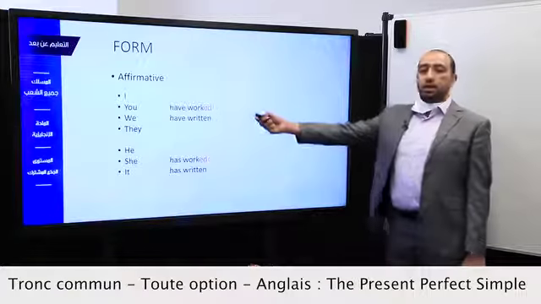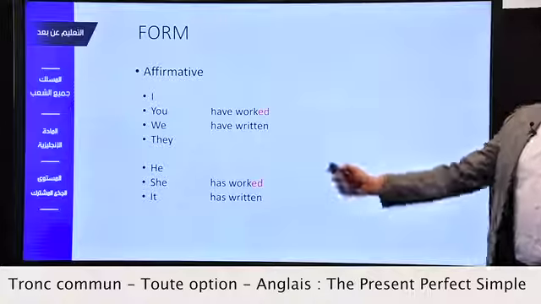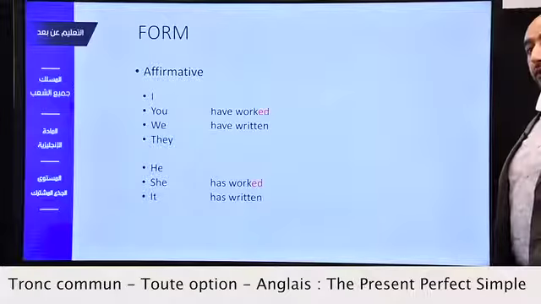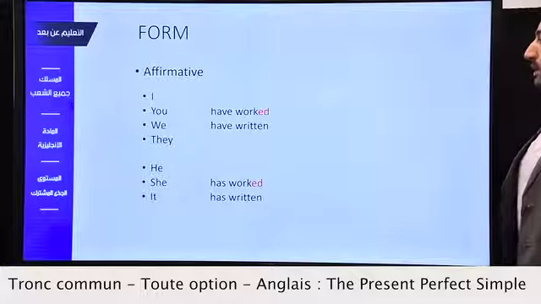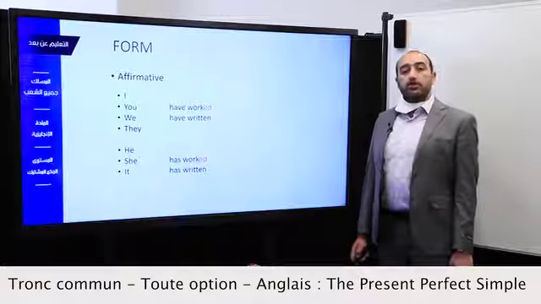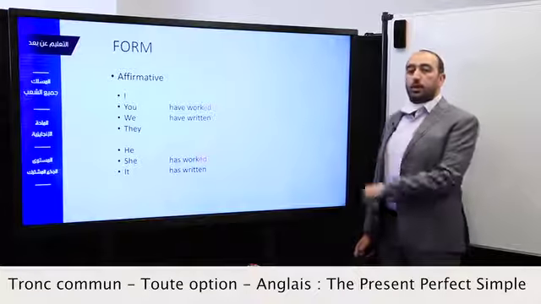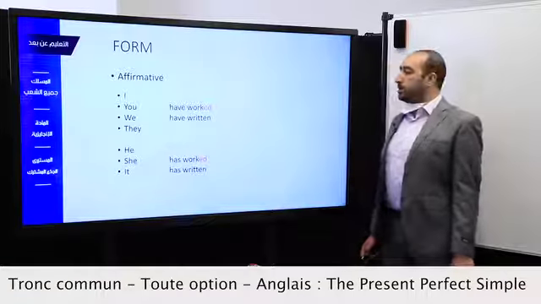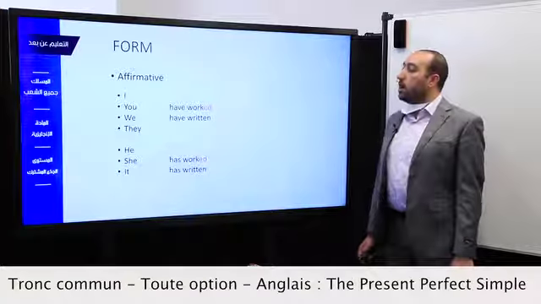Here we have taken two verbs, one regular and one irregular. The regular is work, as we have seen in the simple past lesson, and the irregular is write. So the past participle of work is worked, and the past participle of write is written.